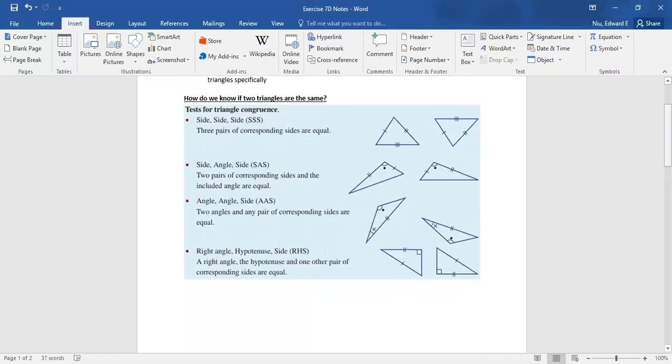Now, how do we know if two triangles are the same? There's 4 ways we can prove that two triangles are the same. The first way is, well, if we know that all 3 sides of the triangle are the same, then we can say these two triangles are the same. E.g., this side here corresponds to this side here in the second triangle.